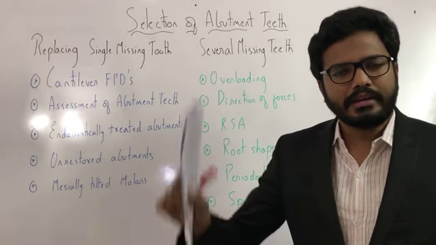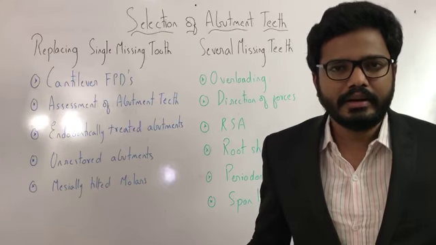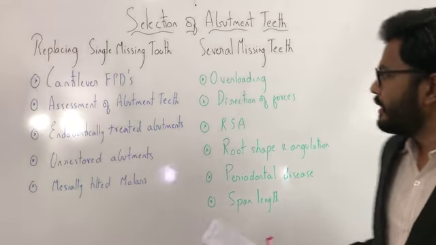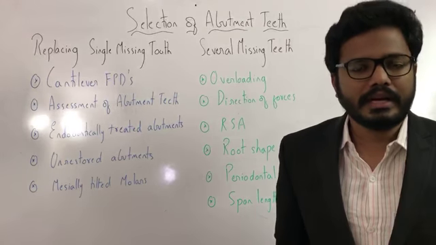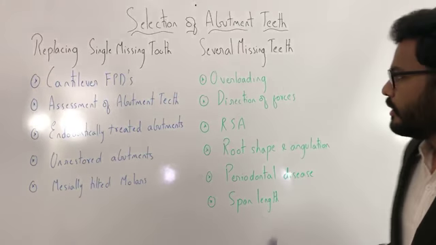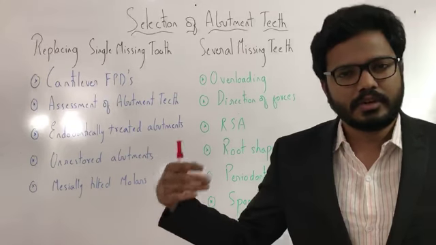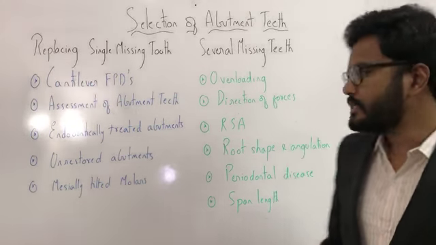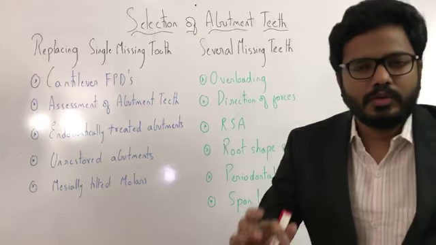Usually forces acting along the long axis are favorable, in the sense they are readily dissipated in the periodontal bone, and then a better response can be anticipated from an FPD. But as we have seen previously, lateral forces resulting from this cantilever design can be damaging. And most importantly, we have this concept of root surface area.